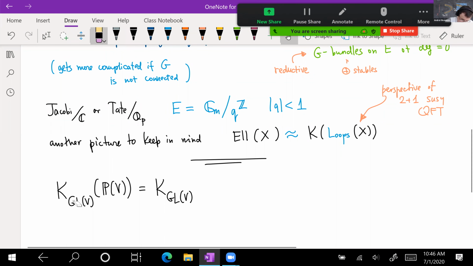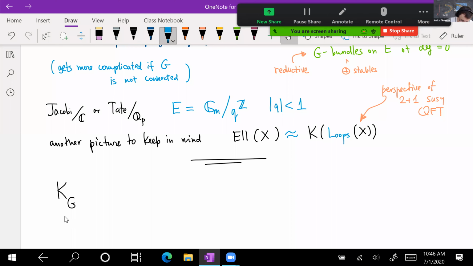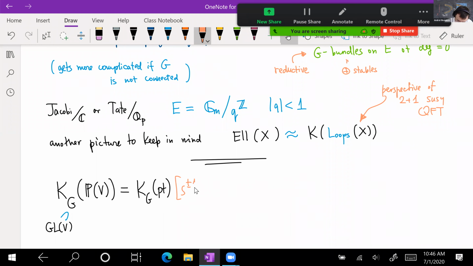And this is actually true for any group G, it doesn't have to be the whole GL_V. So we take a group G that sits inside of GL_V. We take the projective space of V, and that is the same as K_G of a point, and then we adjoin one variable S, and we mod out by relations.